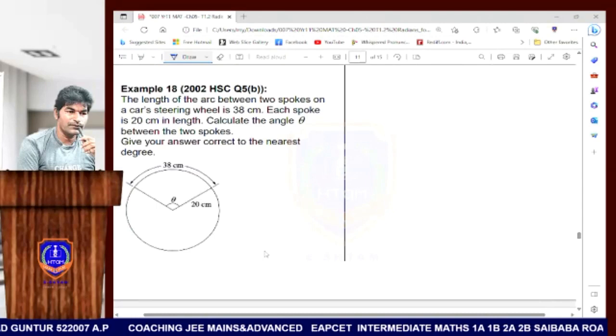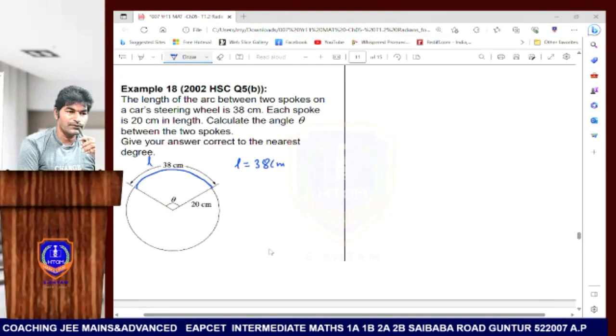Next example. The length of the arc is given. This value is L. So write down L equal to 38 centimeters and R equal to 20 centimeters.